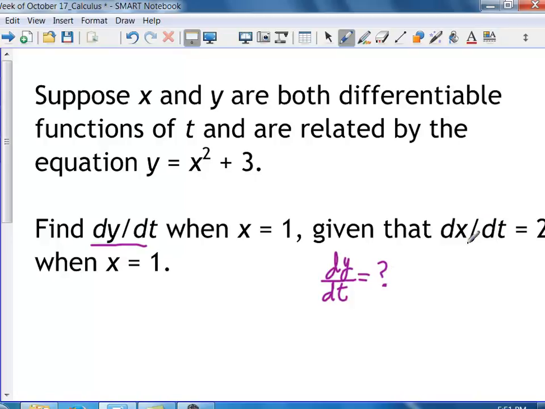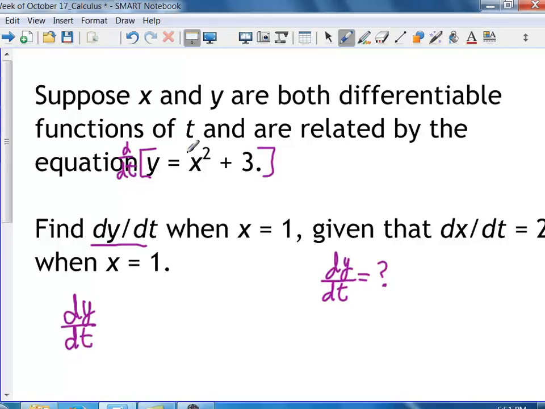So I guess it's pretty clear that we're going to have to use d/dt. Suppose these are both differentiable functions of t and they're related by this equation. So let's do what we just did in the last problem. What's the derivative of y with respect to t? It's dy/dt. Then let's look here.